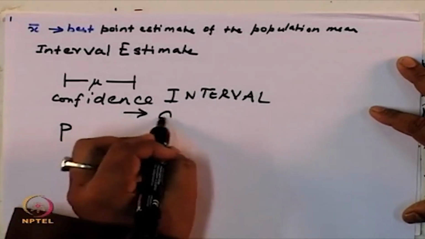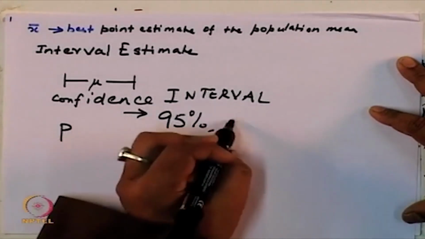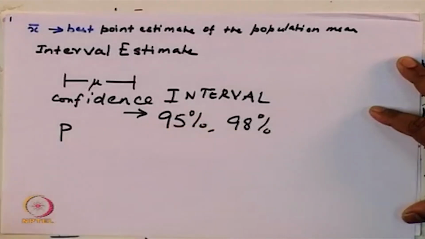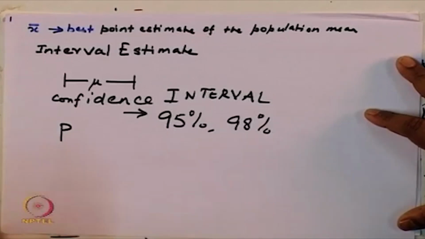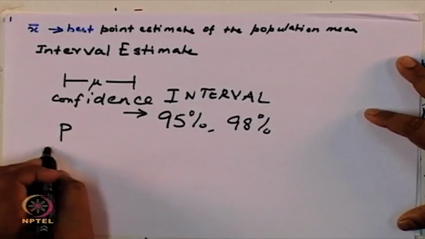We can prescribe the confidence level, which is let us say 95% or 98% or any percentage for that matter. And how do we find the confidence interval? Let us say we want the confidence interval for 95%.